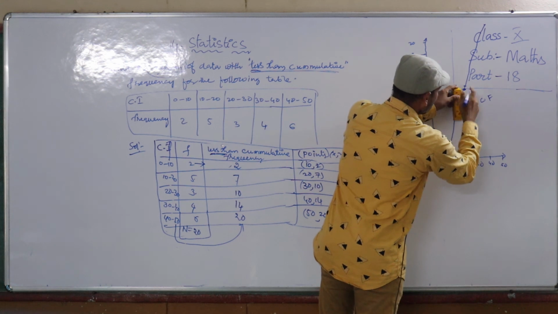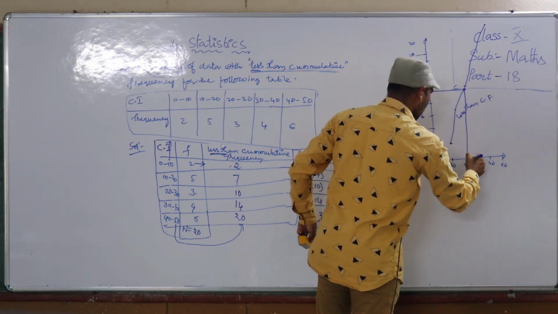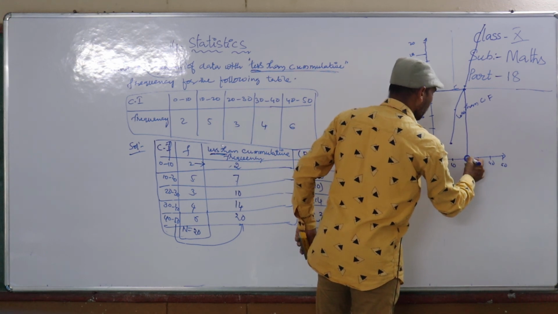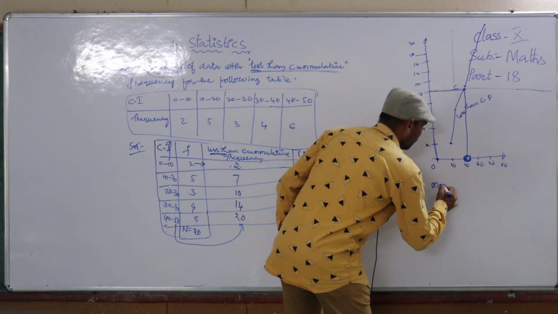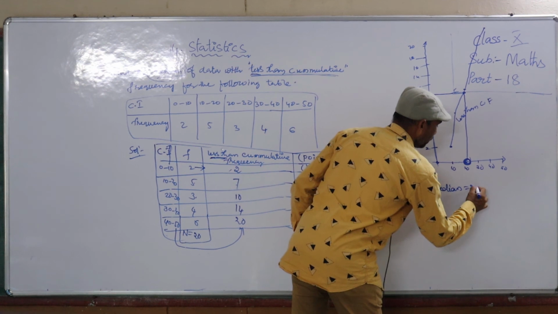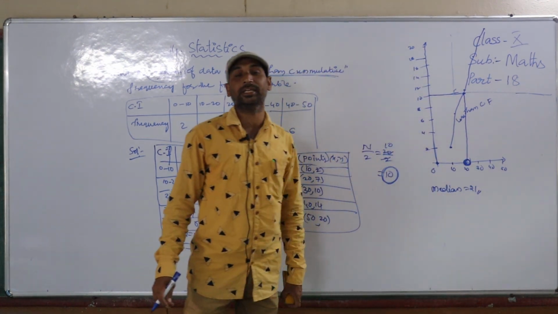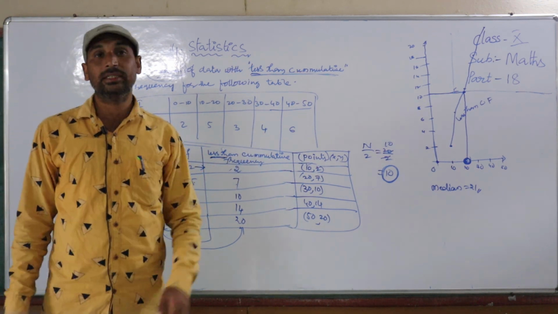From here, using the scale, draw a perpendicular line to the x-axis. Where it intersects the x-axis is called the median, approximately 21. So children, next we will discuss in the next class.